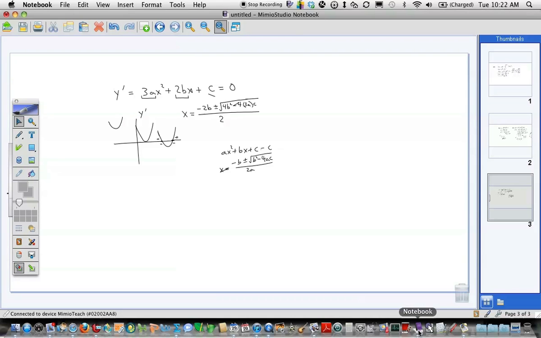And then all over 2 times a, which is whatever's in front of the squared term, which for us is 3a. So that's where that came from in 46 part B. So we would just solve this using the quadratic formula. Now you can go ahead and factor out some things and reduce some things and make it look like theirs does in part B. Okay? But that's where that one came from, it's a good problem too.